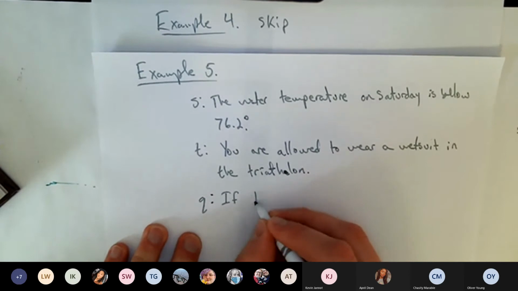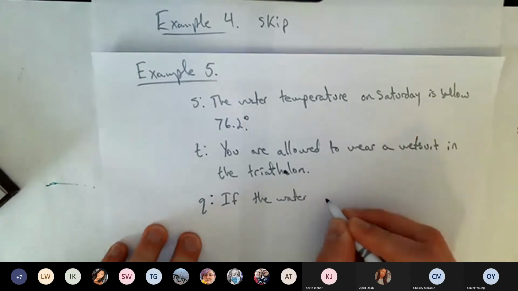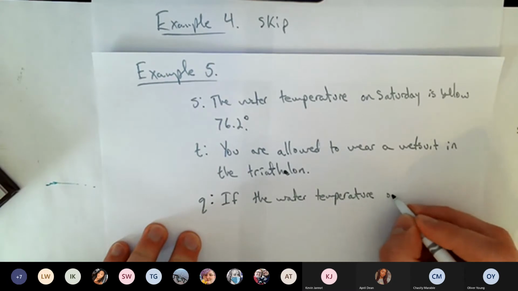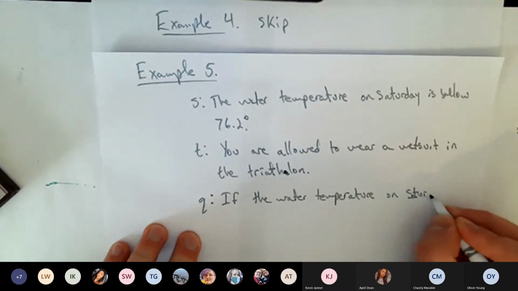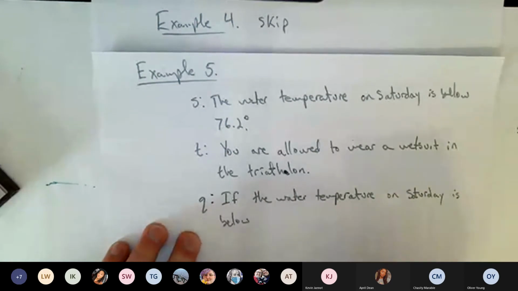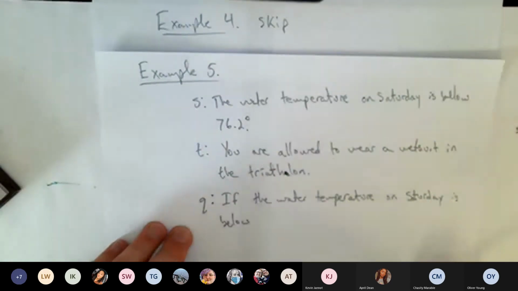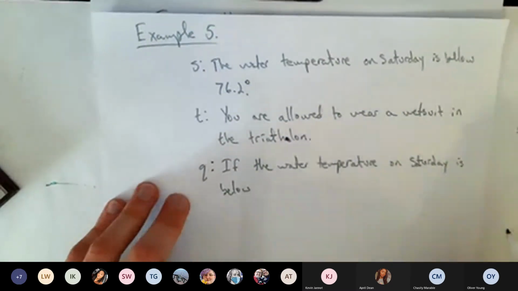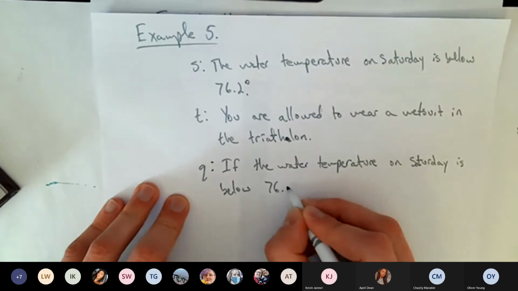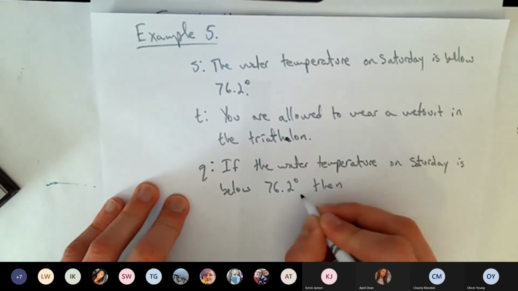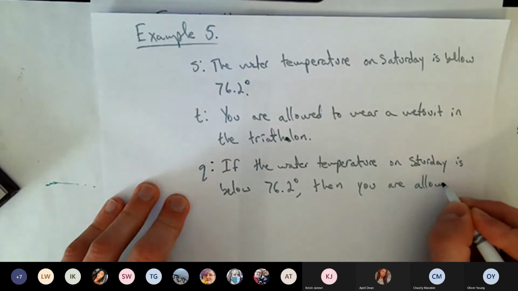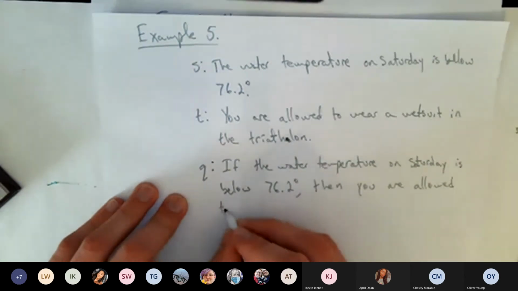Now if you don't want to write all this, what I'm writing is in the textbook in example 5. So you could just write for reference example 5 and then probably just write the solution to it. That would be fine too. It says: if the water temperature on Saturday is below 76.2 degrees, comma, then you are allowed to wear a wetsuit.